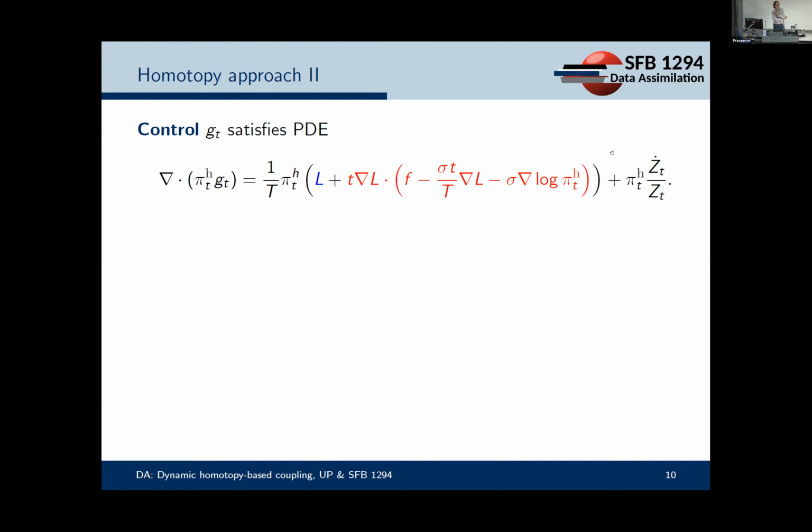You can, for example, assume that you can approximate the density very well by a Gaussian mixture, right? Then you can again write down evolution equations, so you can find a G that does it for you.